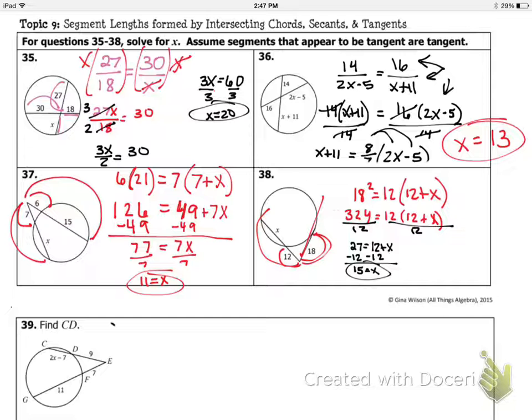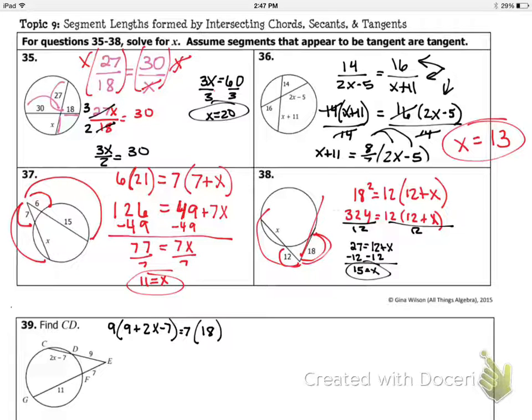So 9 times the length all the way across, which would be 9 plus 2x minus 7 equals 7 times 7 plus 11, which is 18.